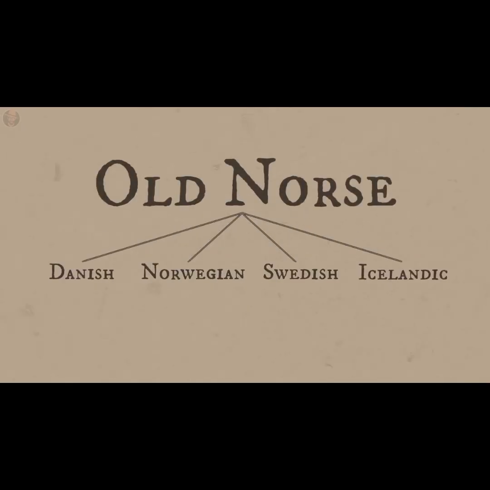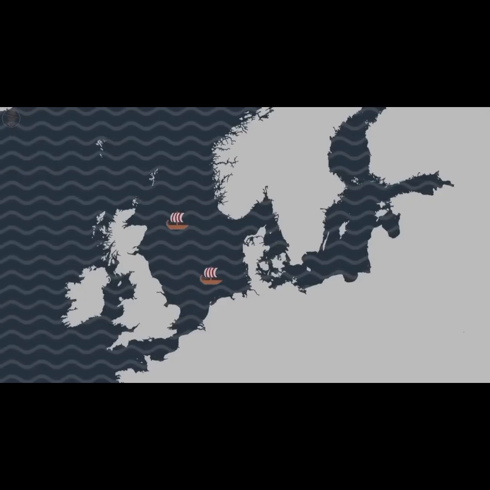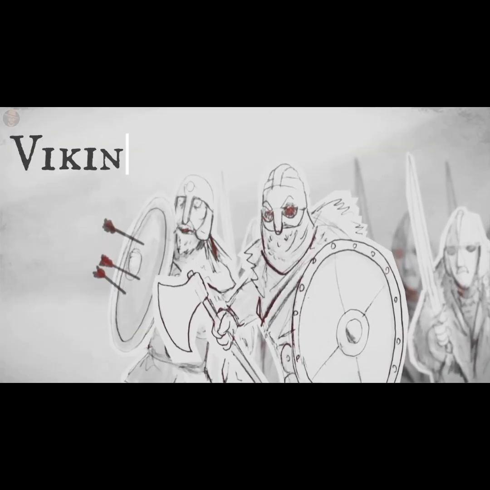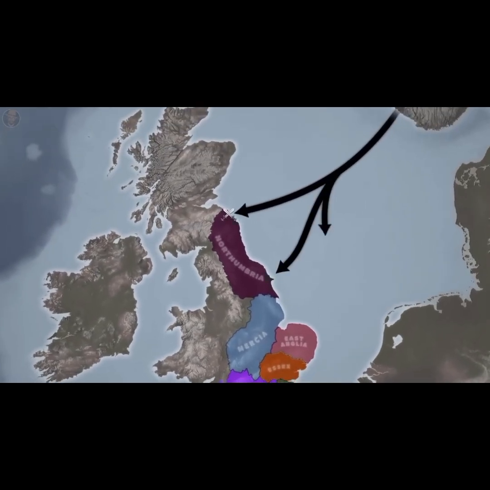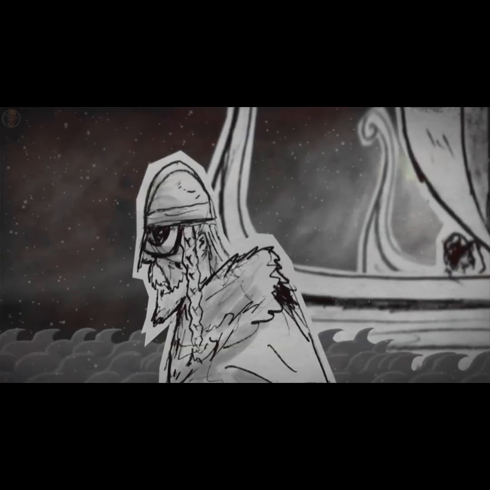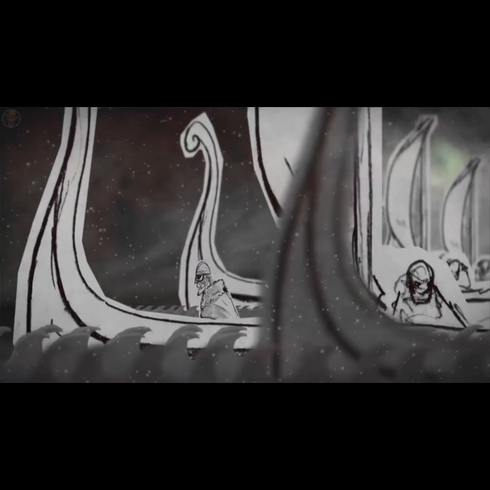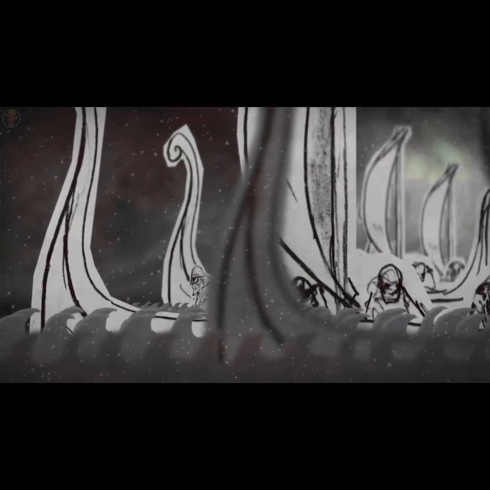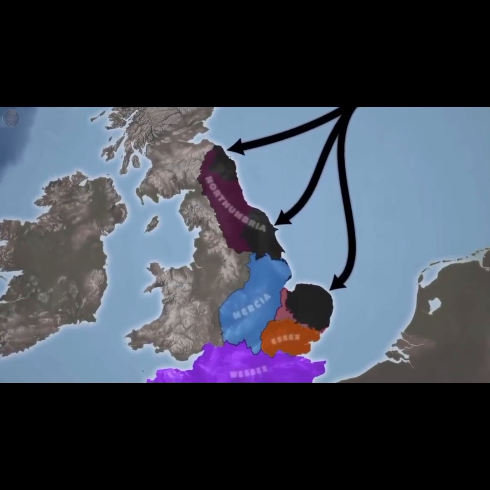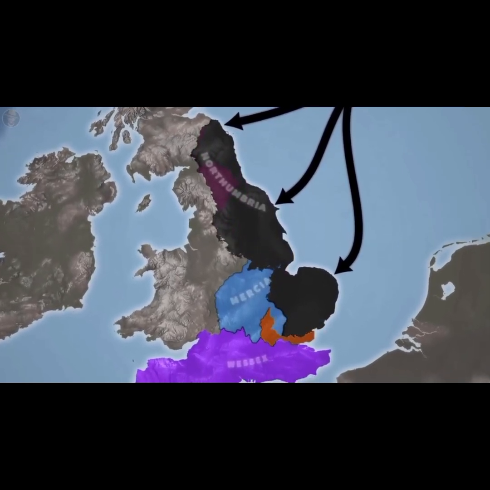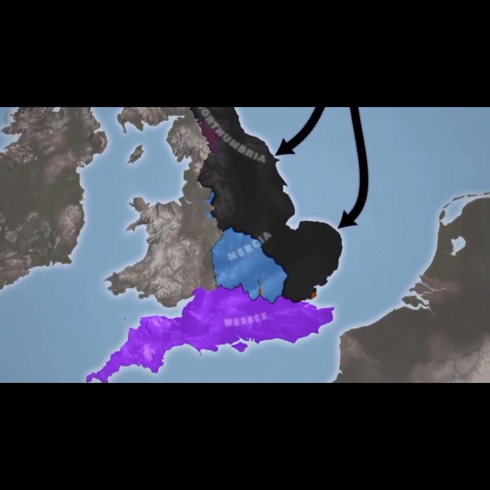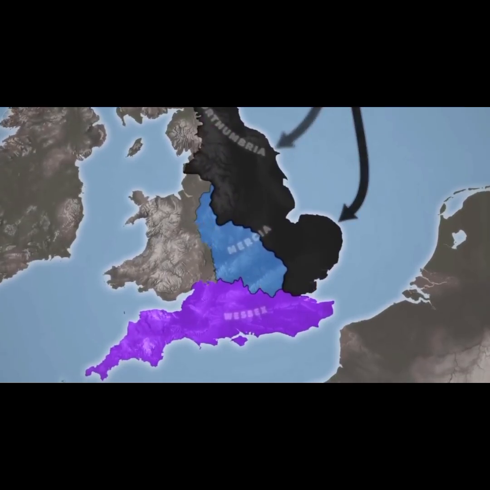This language was first brought to Britain in the 5th and 6th centuries by three tribes: the Angles, the Saxons, and the Jutes. Later, between the 8th and 11th centuries, Viking invaders came to England and added many words from their own language, Old Norse, into the mix.